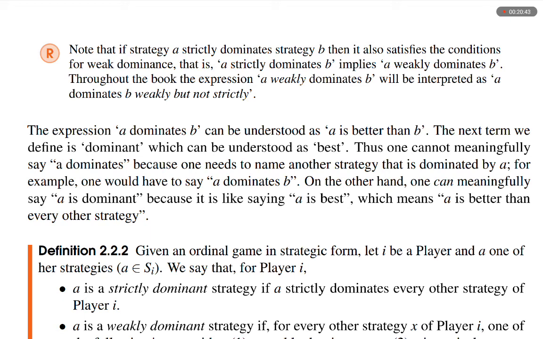Thus, one cannot meaningfully say A dominates, because one needs to name another strategy that is dominated by A. For example, one would have to say A dominates B. On the other hand, one can meaningfully say A is dominant, because it is like saying A is best, which means A is better than every other strategy.